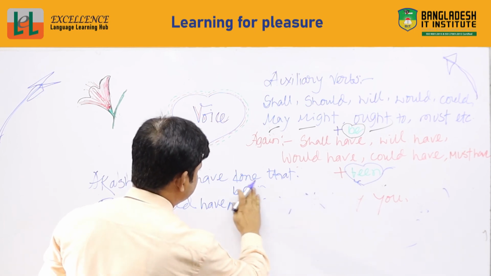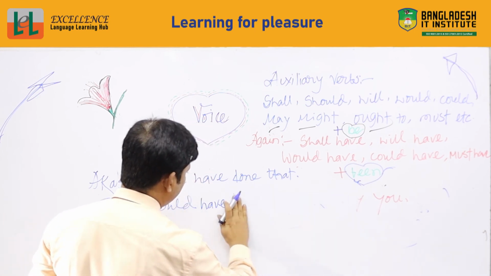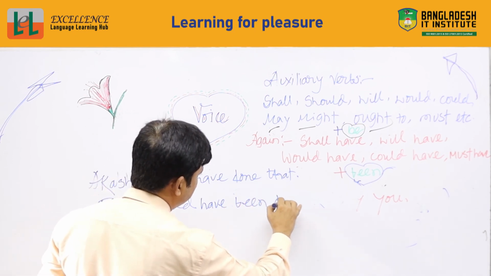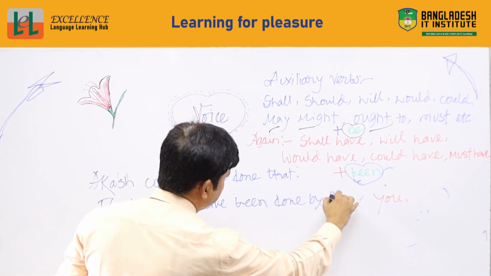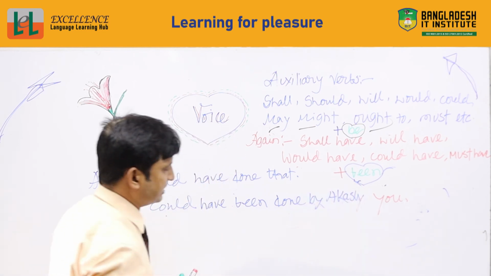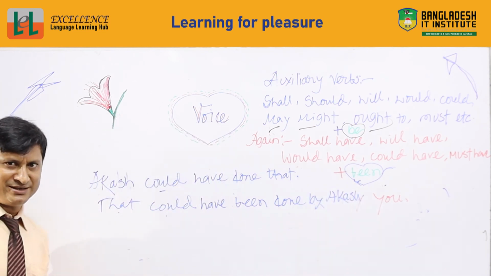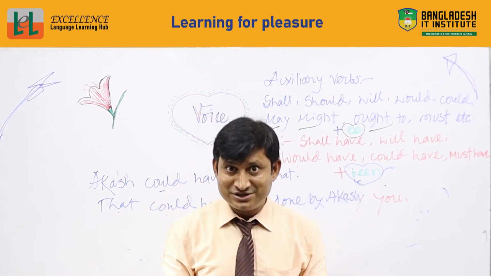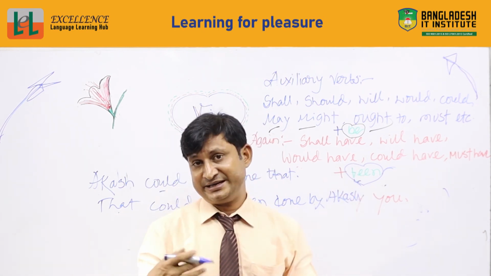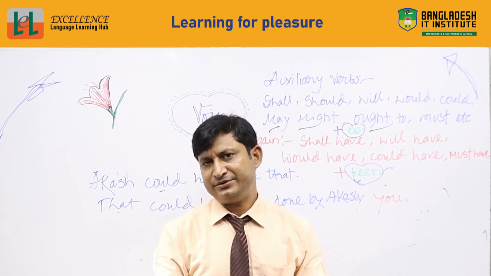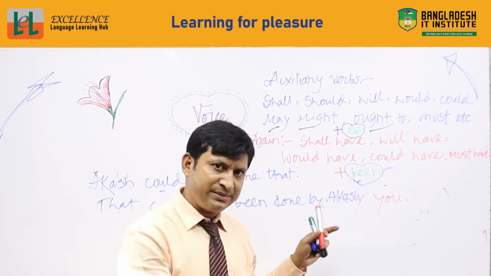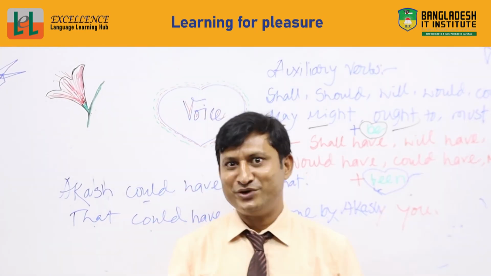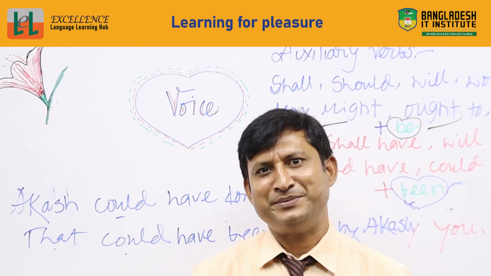It's better to write the full one: that could have been done by Akash. Okay, so those are very simple, right? So if you get any auxiliary verbs, that we can say modal auxiliary verbs, we can just make it passive from active, just following the rules, and I hope I will enjoy to change the voice from active to passive. So thank you very much, take care, bye bye.